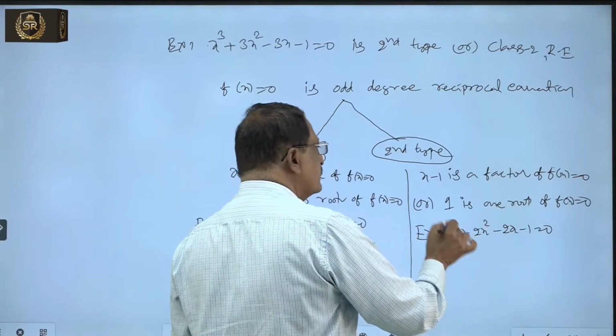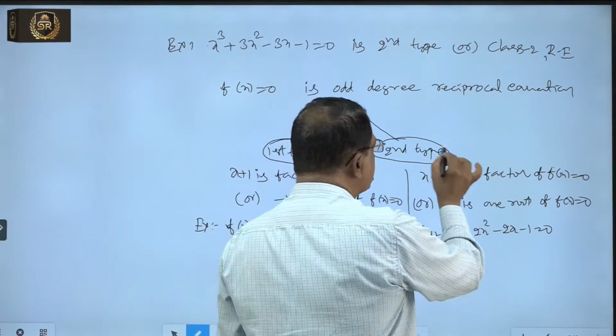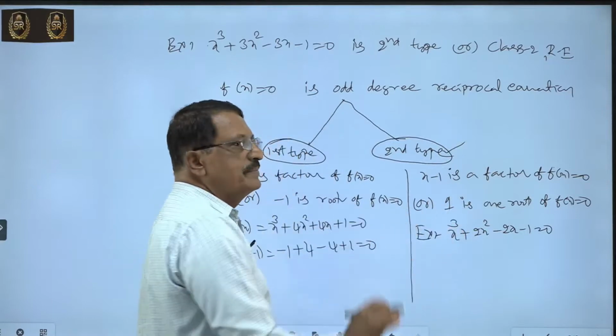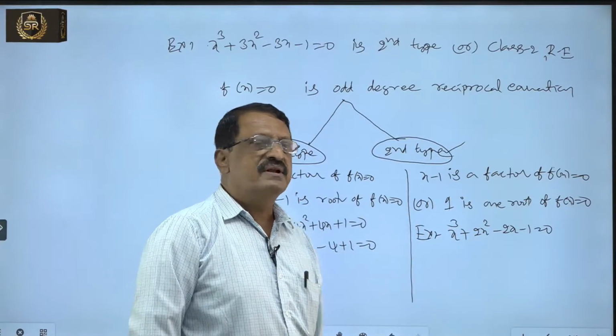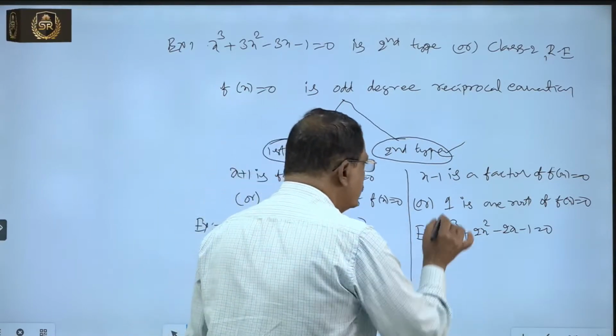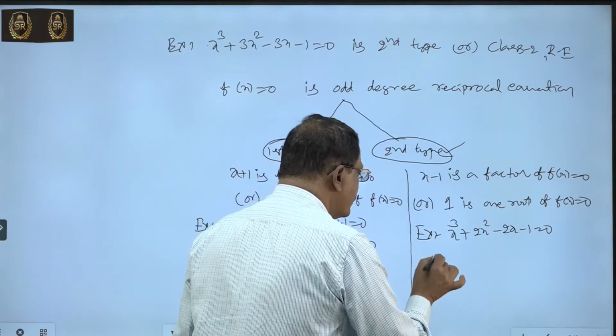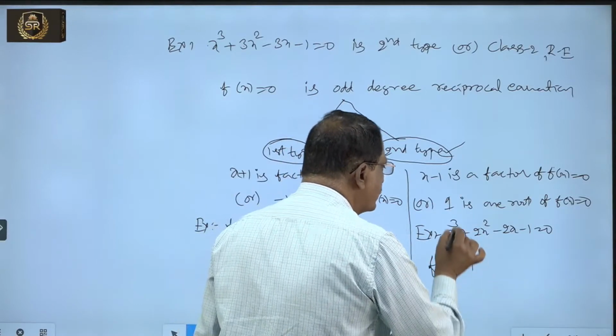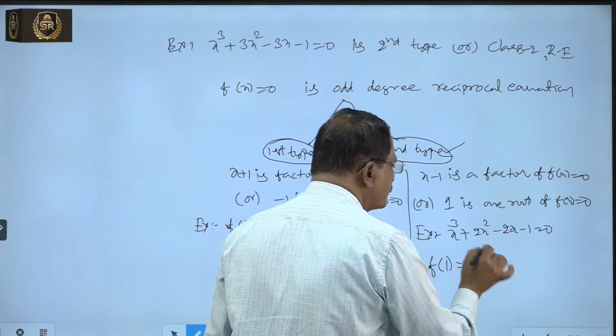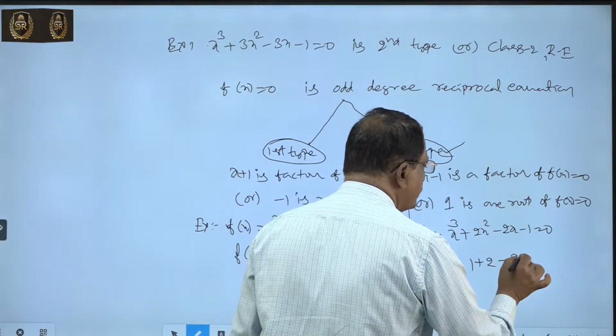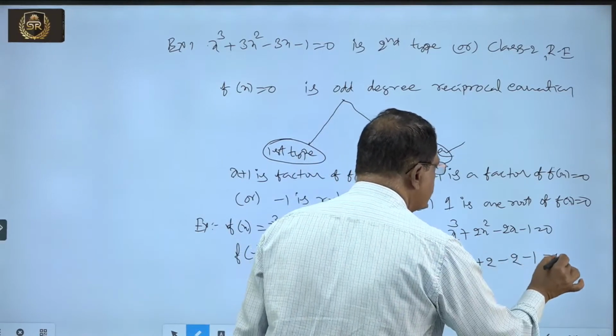Now, it is an odd degree second type reciprocal equation, so 1 is a root. What is f of 1? 1 cube is 1, plus 2 into 1 square, 2, minus 2 into 1, minus 2, minus 1, that equals 0.